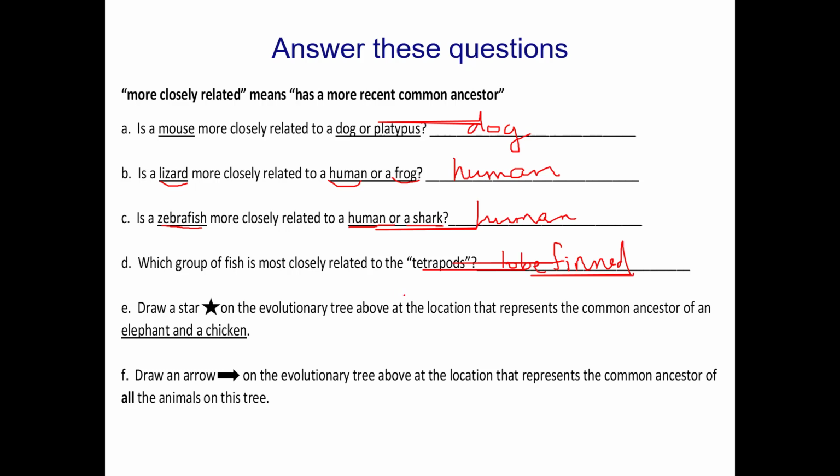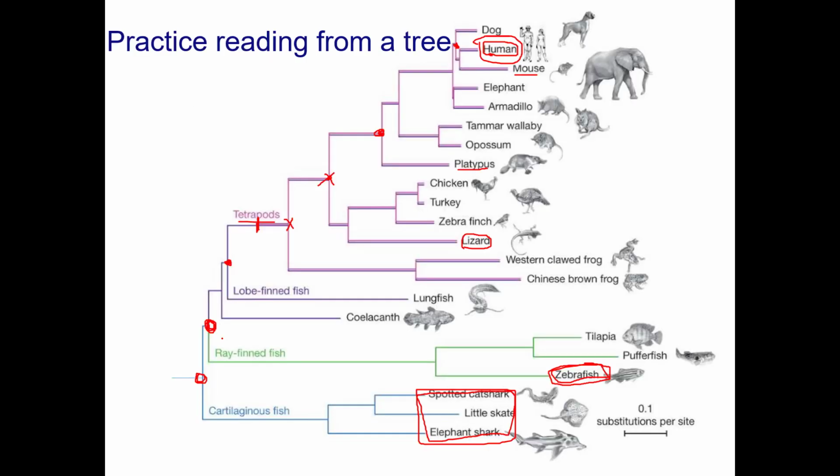Draw a star on the evolutionary tree above the location that represents the common ancestor of an elephant and a chicken. Elephant and chicken. All right, here's elephant. Here's elephant and chicken. So elephant and chicken, you backtrack, and you end up here again.